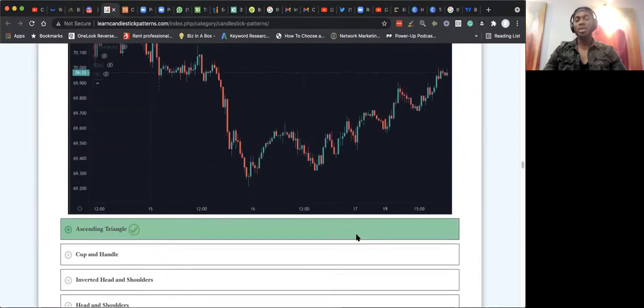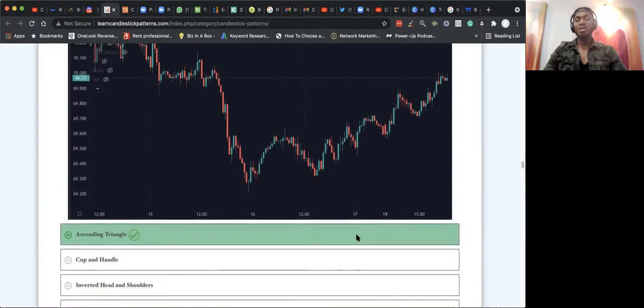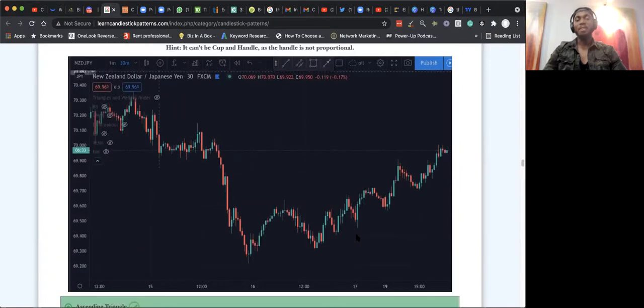So the next one we have here is an ascending triangle. This is a 30-minute New Zealand dollar Japanese yen chart. I think this is one of the easiest ones to spot.